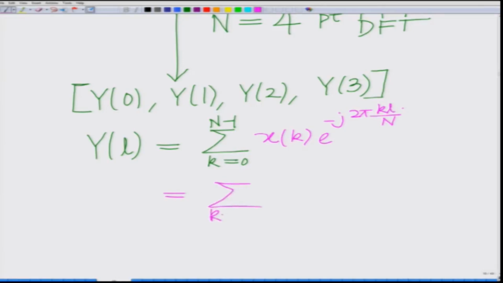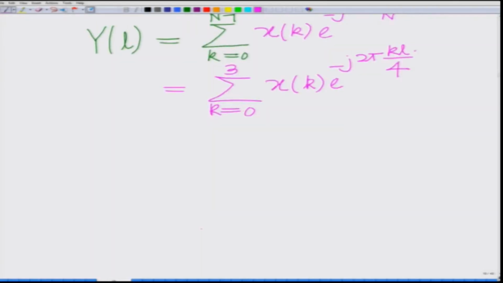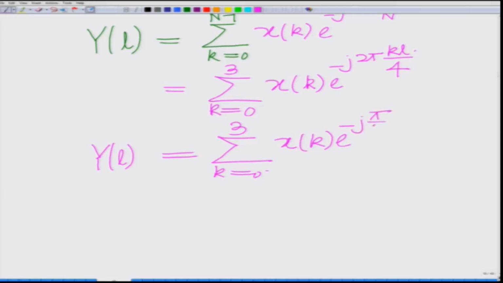So, Y l equals summation k equal to 0 to 3 y k e raised to minus j pi by 2 k l.